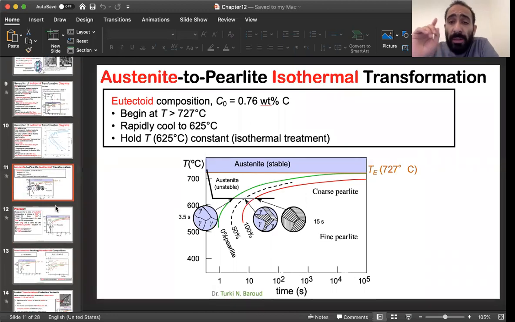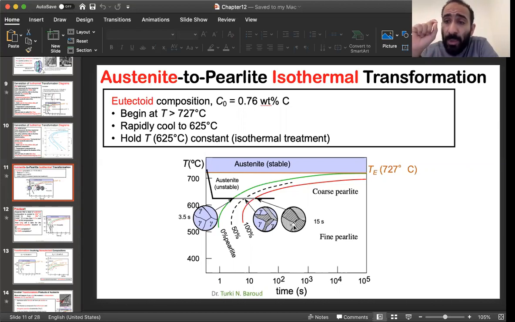Now remember one important piece of information. For this diagram, we are fixing the composition. This diagram is only for 0.76 weight percent of carbon. We fix the composition, and now we are looking at temperature versus time, because in chapter 11 we were looking at temperature versus composition.